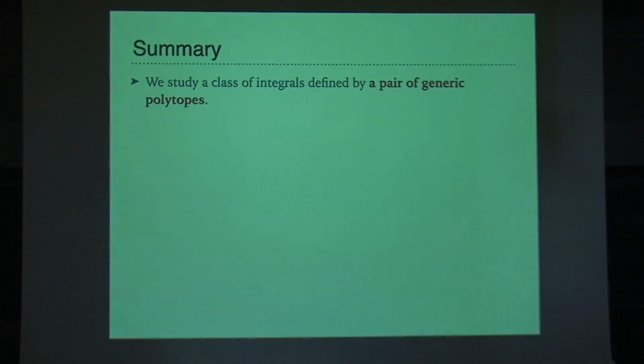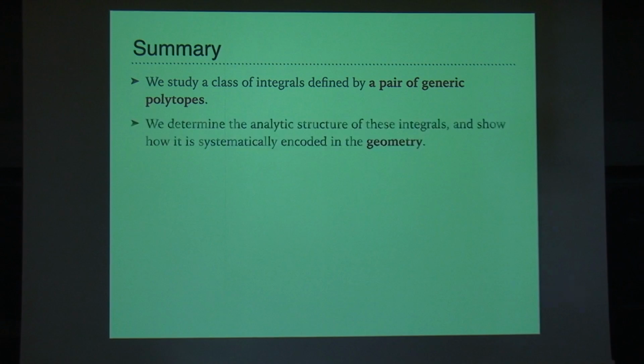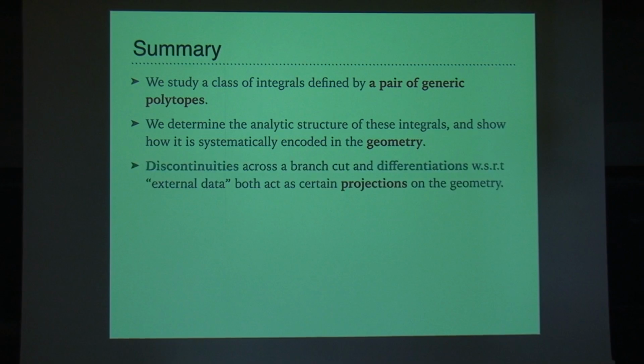To quickly summarize, here in this talk we are studying the class of integrals defined by a pair of generic polytopes. And we determine the analytic structure of these integrals and show how it's systematically encoded directly in the geometry. And we also obtain a geometric understanding of computing the discontinuities and also computing their derivatives with respect to the external data.